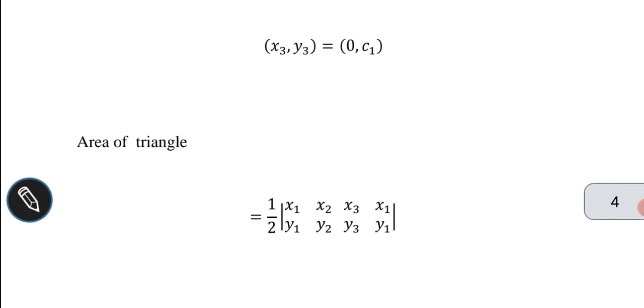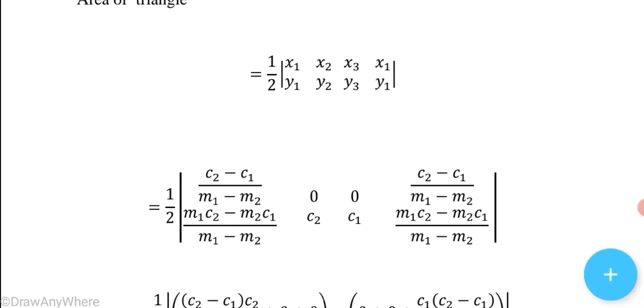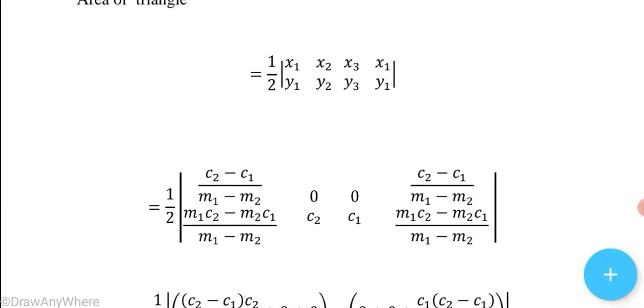The area of a triangle formula is half into the determinant of x1 y1, x2 y2, x3 y3, x1 y1. Just plug in the values. The value of x1 is c2 minus c1 divided by m1 minus m2, and the value of y1 is m1 c2 minus m2 c1, the whole divided by m1 minus m2.